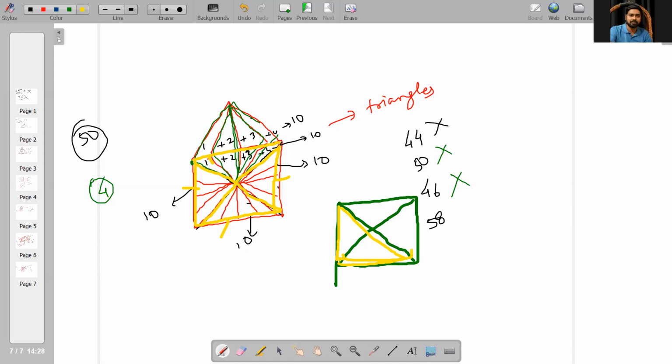then 2, 3, 4. Okay. Over here, what I said was that we have already accounted for these figures.